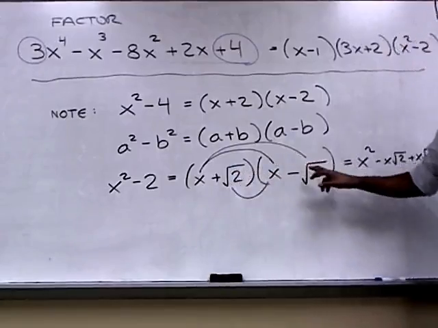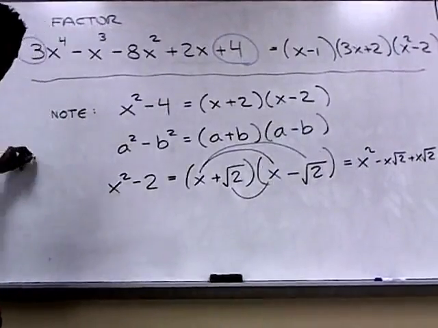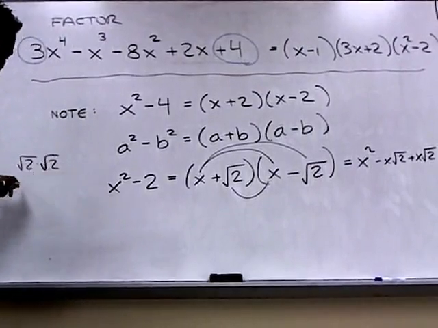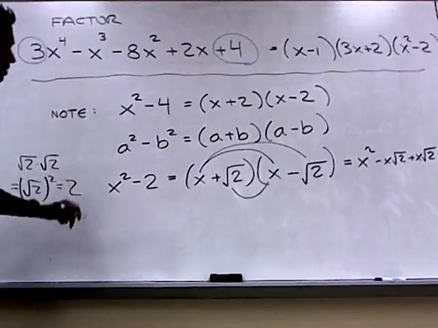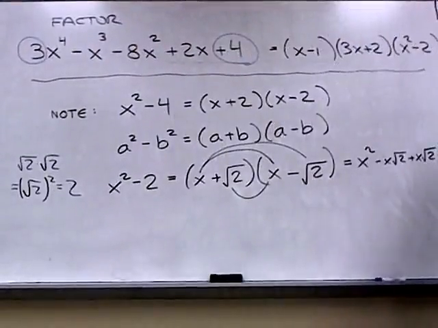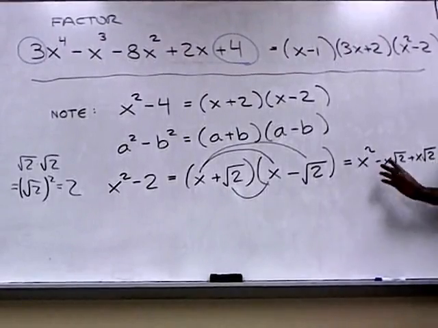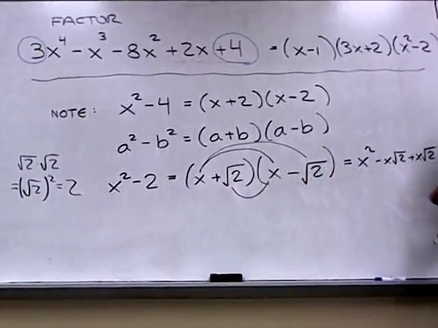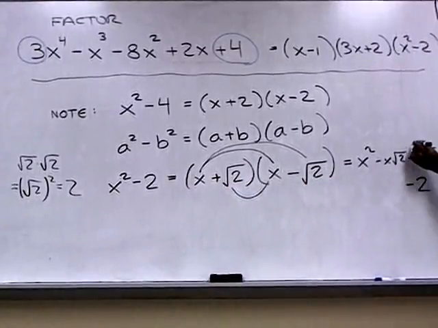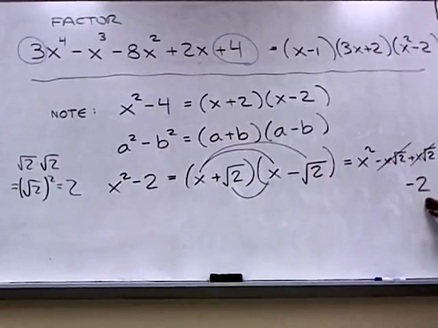What's root 2 times root 2? Root 2 times root 2 is the same as root 2 squared, which is just 2, because the root and the squared cancel. That last piece, would it be positive or negative? We have plus and we have minus, so it would be minus 2 here. And you see that the middle ones cancel. And so you get x squared minus 2.